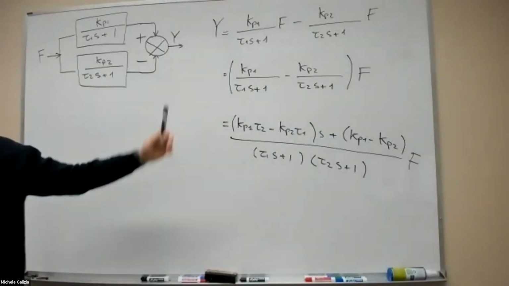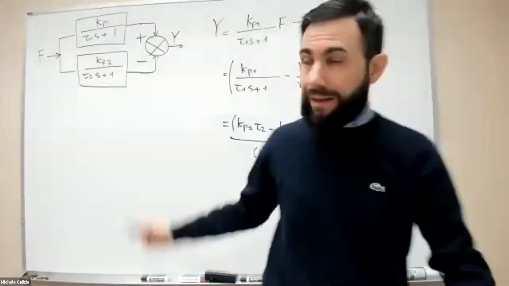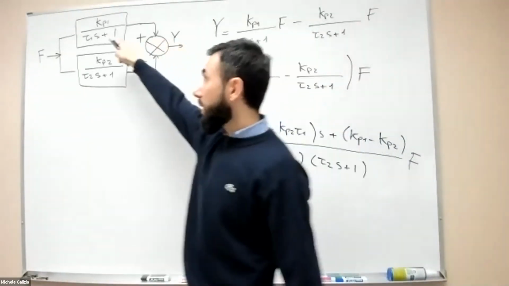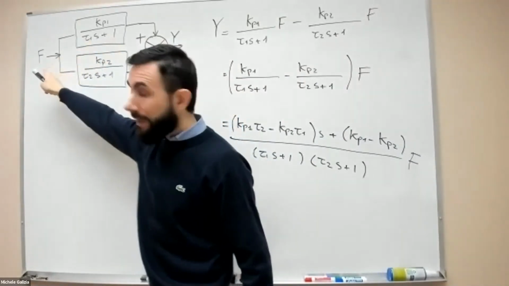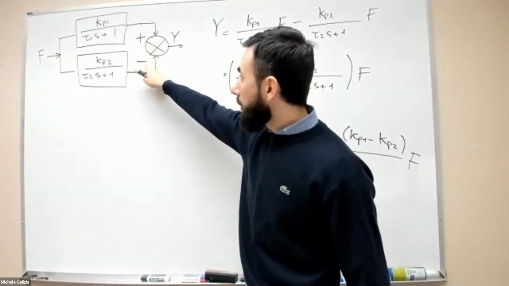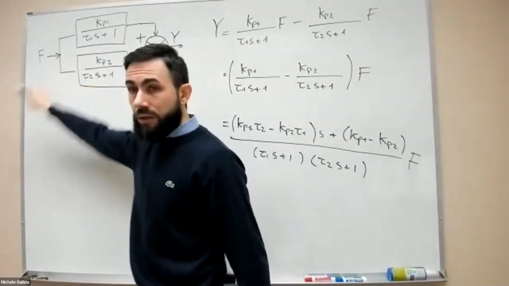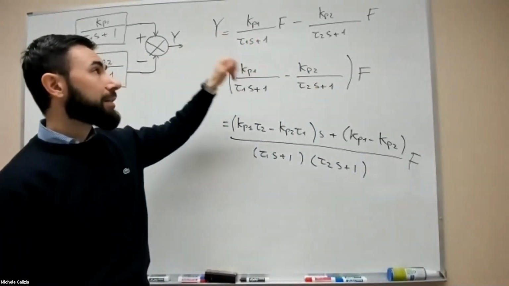Well, we know how to do this. Simply following the block diagram, the overall response, y, will be the transfer function of the first system times the disturbance, minus, because here we have minus, the transfer function of the second system times the disturbance, which is exactly what you can see here.